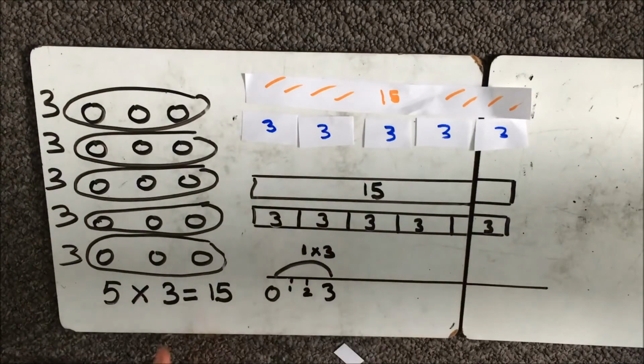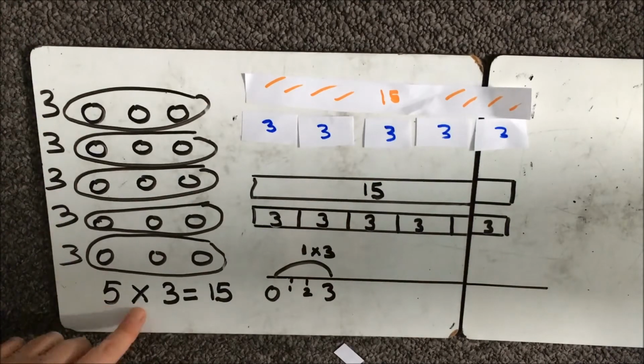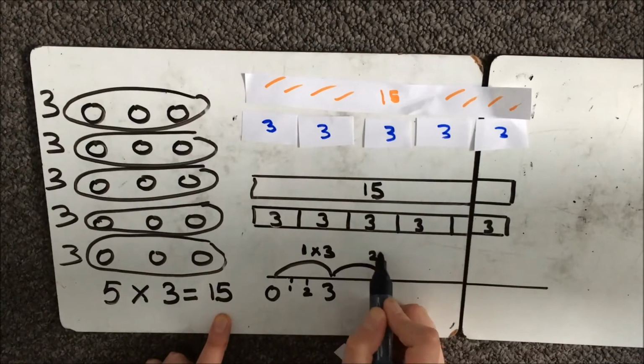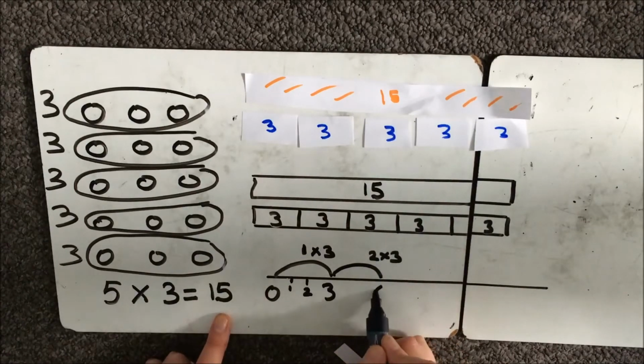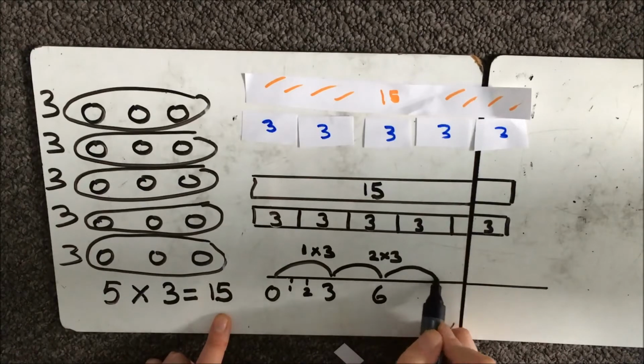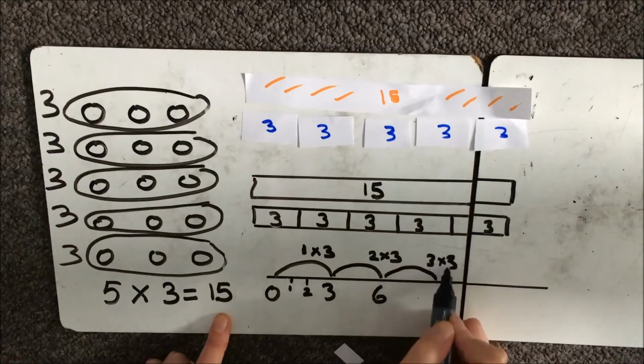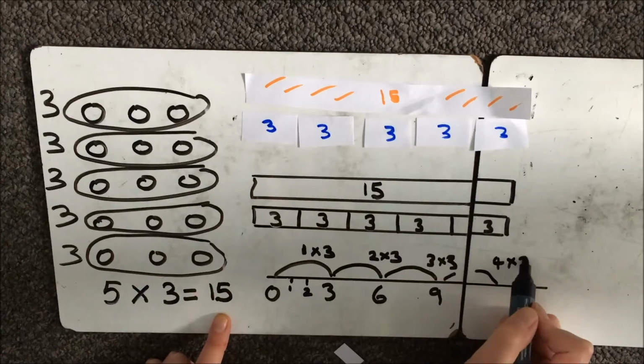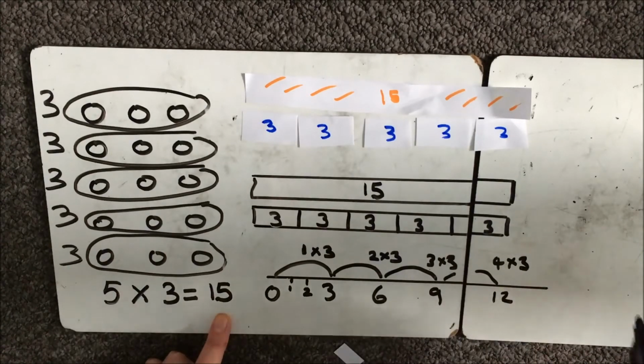1 times 3. How many times do we have to do it? 1, 2, 3, 4, 5 groups of. We've got 2 times 3, which is 6. 3 times 3, 9. 4 times 3, 12.